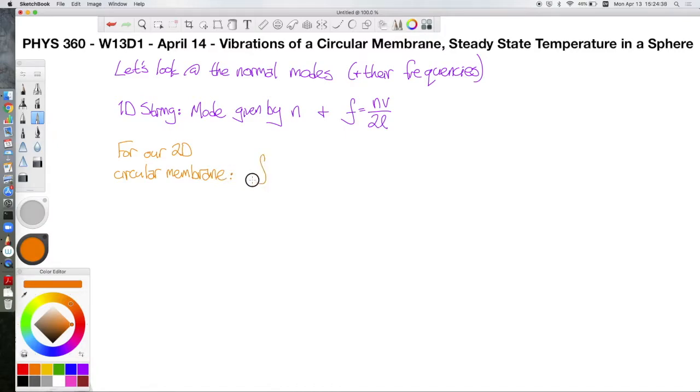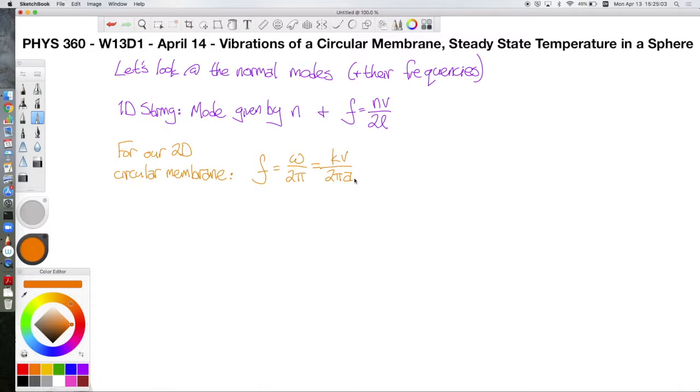And here, the frequencies of our normal modes are going to equal omega divided by 2 pi, where we know what omega is because that's what appears in the time portion of our overall displacement function. So that ends up the frequencies equaling kv over 2 pi a.